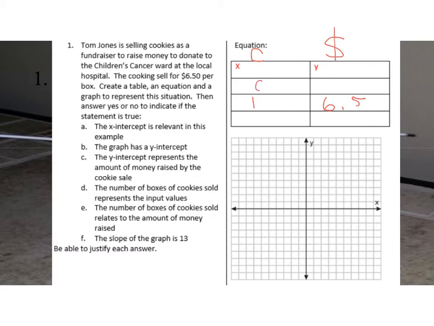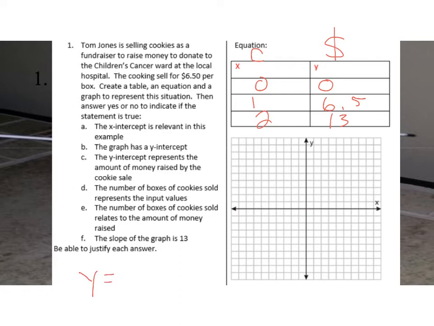If we sell 0 boxes of cookies, we make no money. And if we sell 2 boxes of cookies, we make $13. Now you can choose any amount for those, as long as you realize that you should be multiplying $6.50 per number of boxes of cookies, so that actually makes it easier to write an equation.